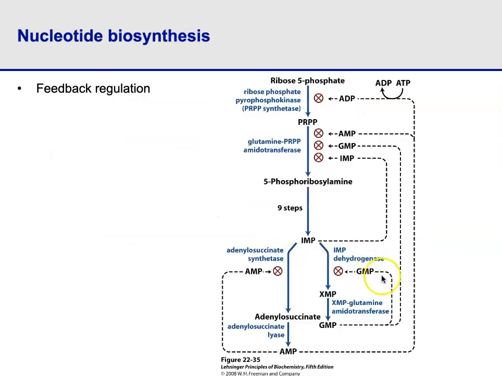In terms of regulation, the final products of these reactions, of course, will regulate these pathways. You can see AMP, GMP, and IMP are all feedback regulators of this pathway. You can see an example of concerted regulation where multiple products of these pathways regulate the same reaction.